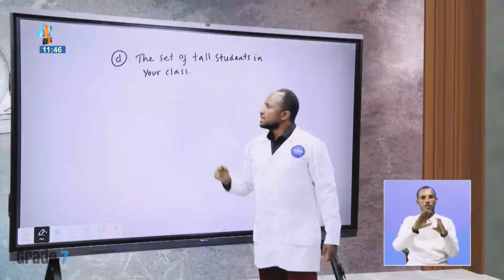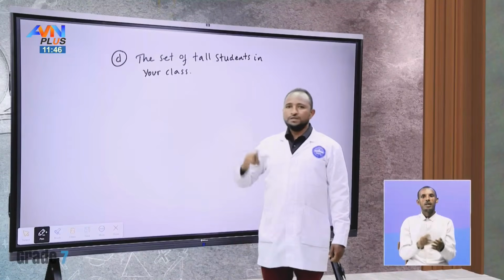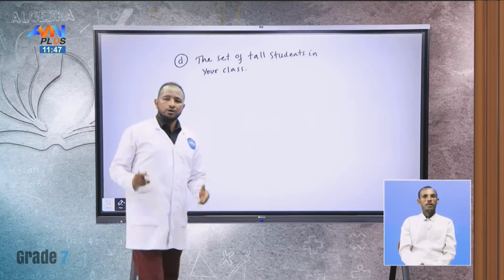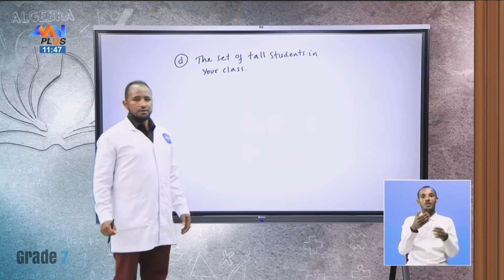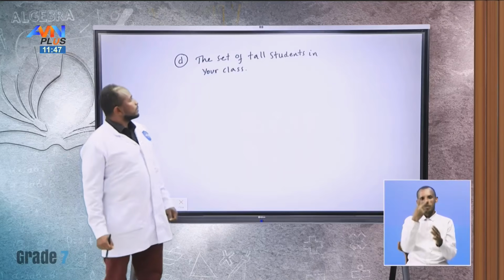Students, decide whether this one is a set. I'll give you 10 seconds for this question. Okay, good. Have you tried the question? Very nice. Now let's see the answer together.